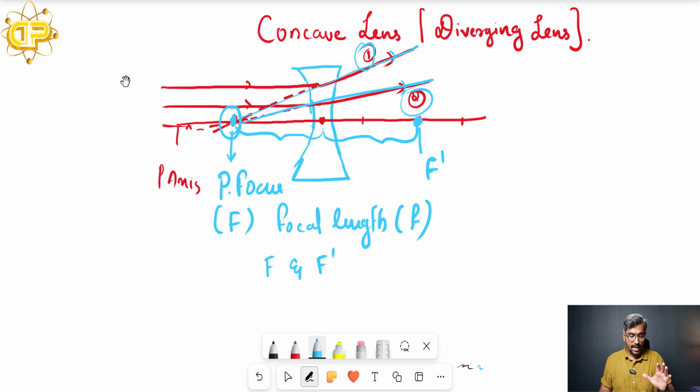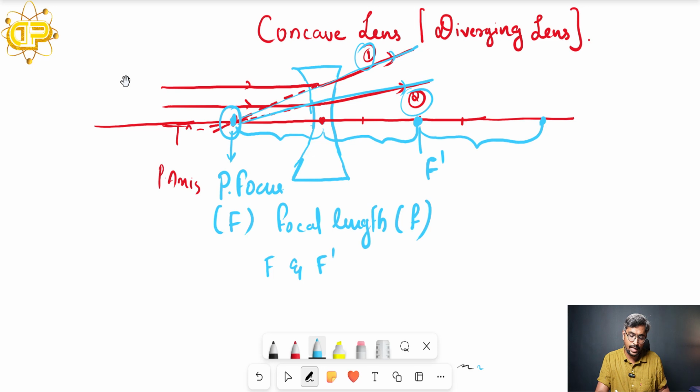So that's all about the terms related to this particular lens. Previously, in the case of mirrors, we studied the center of curvature and all. Here, there is no importance of center of curvature. Instead, we will take another point, in the case of both lenses, exactly 2 times the focus.